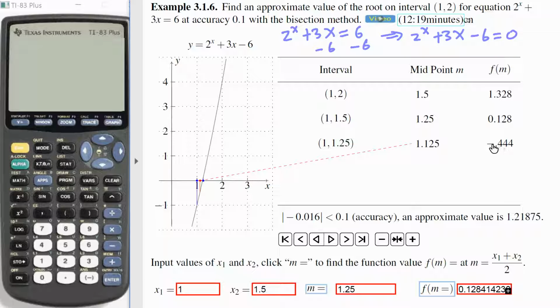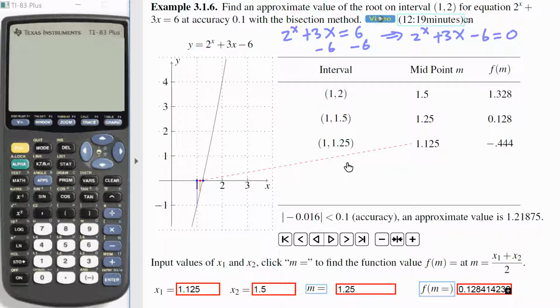Okay, so this value is not 0, and then again you have to keep going. What is the interval? This value is negative for 1.125. So then this point will be the interval on the left. So the left boundary will be 1.125.